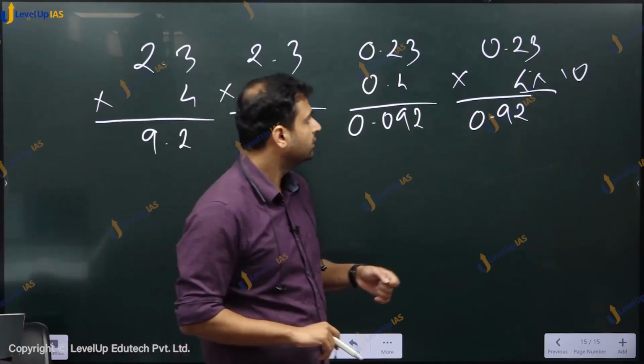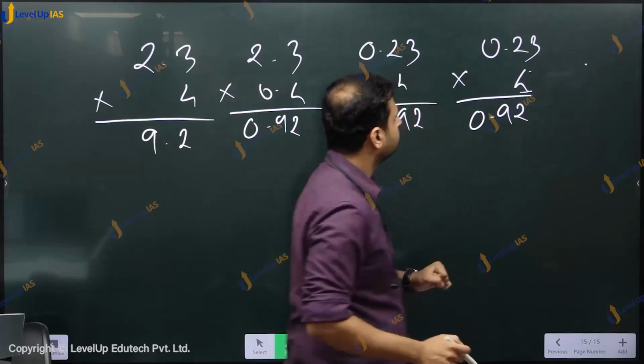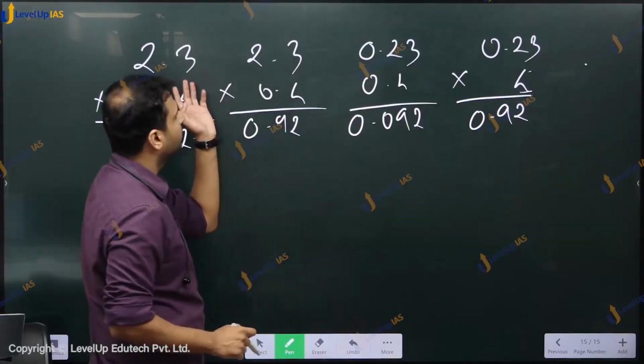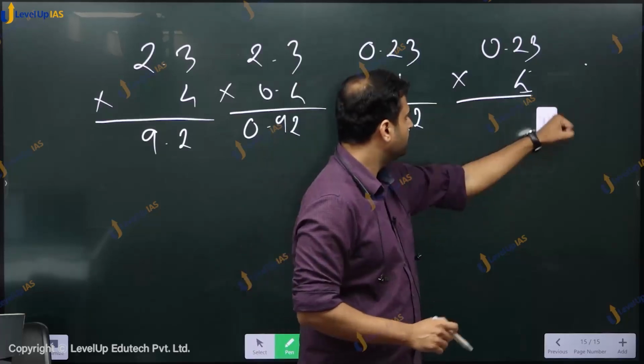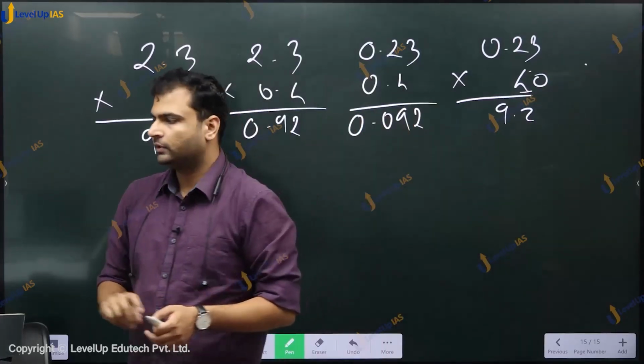इसका क्या होगा? हाँ, 9.2 होना चाहिए. 0.92 किसने बोला? ये 0.4 नहीं है ना, ये 40 है. राइट.